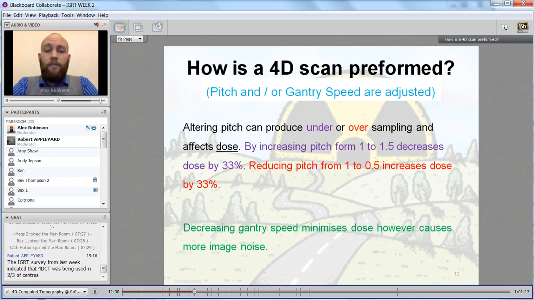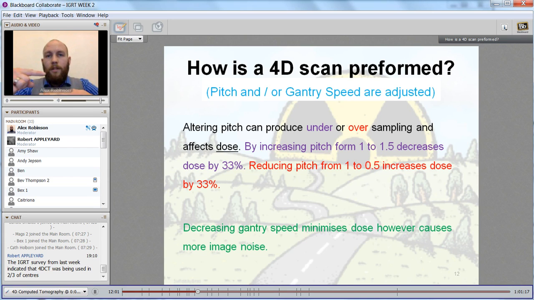So on the 4D, the general way that we do it is that we leave the gantry rotation at the standard setting, and the thing that we adjust is our pitch. So by decreasing, by pushing that slinky closer and closer together, what we essentially get is oversampling of our target, our patient. So for every time that the X-ray tube rotates about our patient, we would like them to complete a full breath cycle.